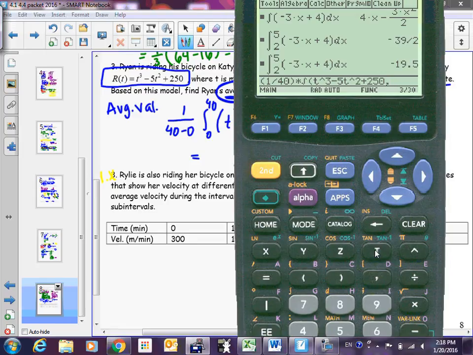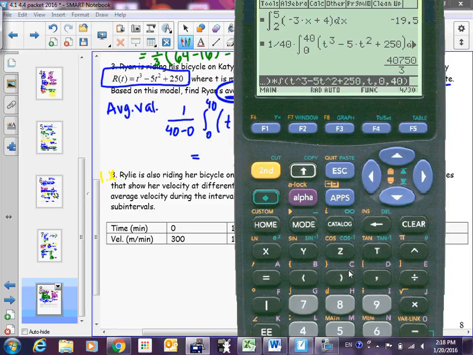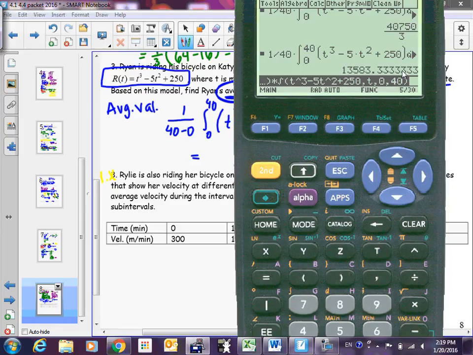If you use t's, you got to do comma t, and then comma 0, comma 40. Okay, so I did it all in one go. If I press enter, it puts it in pretty print, so I can see that I've typed it in right. If you wanted a decimal, remember you're going to do diamond enter. It doesn't really matter which answer you put down.